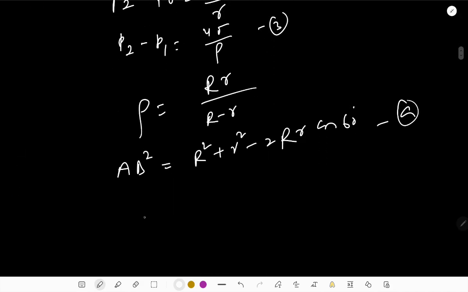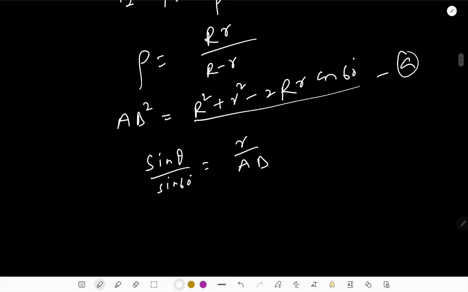So sine theta by sine 60 degree will be equal to r by AB. You calculate your AB from here and get the value of sine theta.